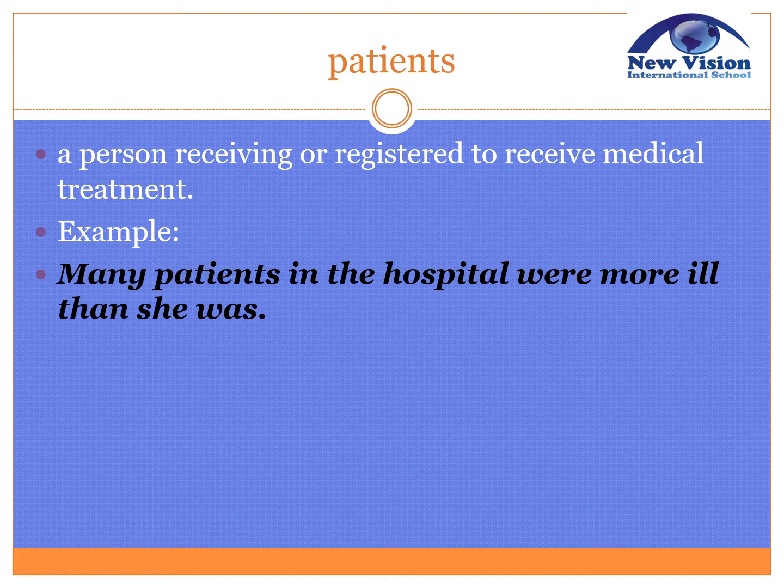A person receiving or registered to receive medical treatment is a patient. Look at the sentence example. Many patients in the hospital were more ill than she was. That's patient.